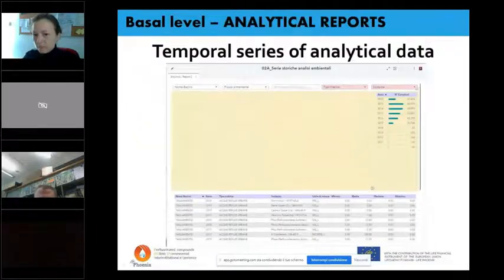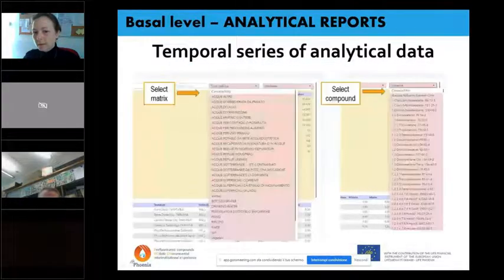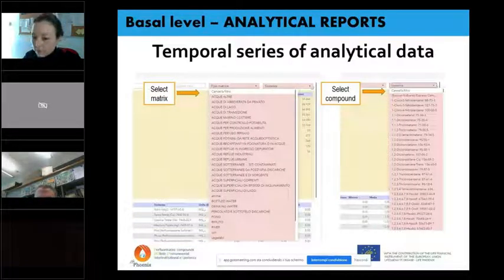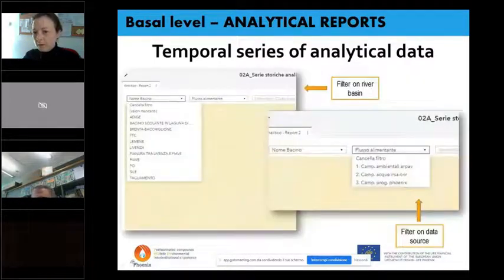Here you can see that the image is blank because, first of all, you have to select the metrics of interest, for example, lake water, sea water, river water, drinking water, wastewater, and then you have to select a specific compound. You may also filter, but it's not compulsory, on a river basin and on data source.